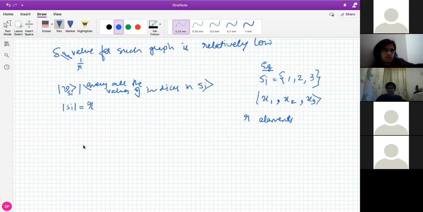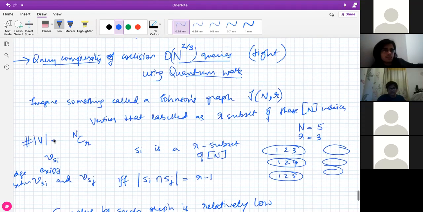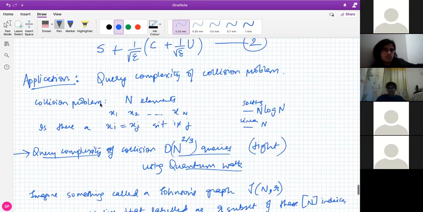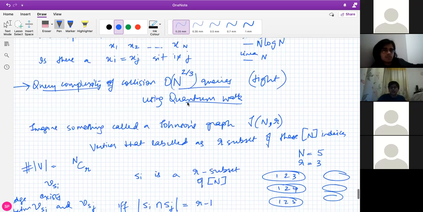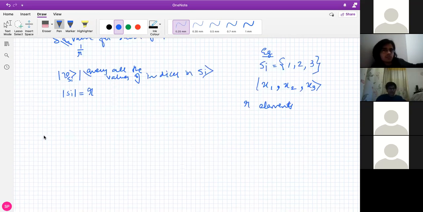another thing. Now we want to know whether there's a collision in these n elements, so we are also going to calculate what the epsilon value will be for such a graph. Remember, epsilon was defined as the fraction of marked elements.